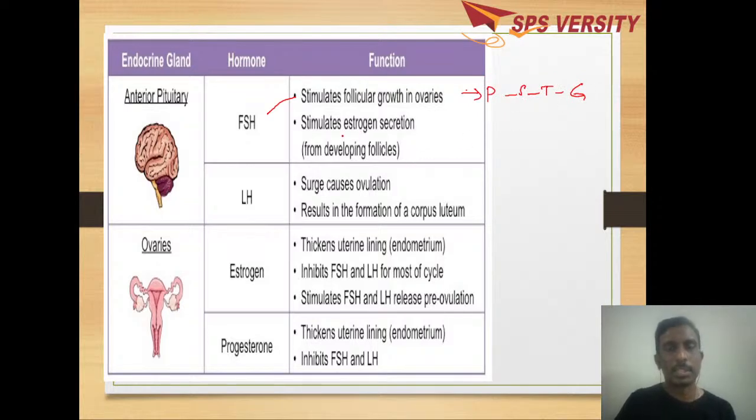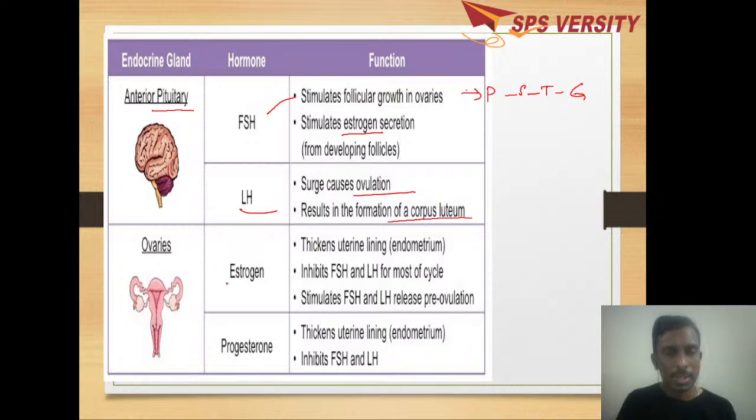As well, it stimulates the secretion of estrogen. What will LH do? LH will cause ovulation. Due to this ovulation, what happens? It results in the formation of corpus luteum. Corpus luteum means nothing but the ruptured Graafian follicle. And these two are secreted from the anterior pituitary gland.